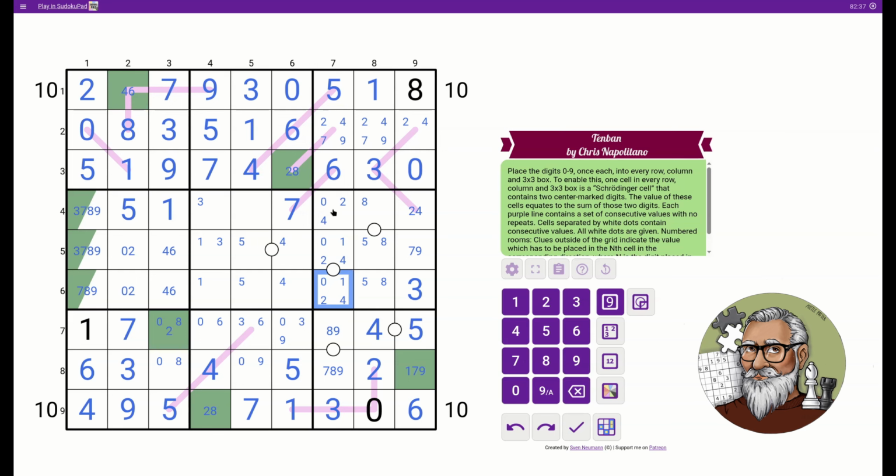Can even still have 3, 4, right? Then 1, 2 would be on a green cell, and we would have 4. Okay. So this is from 5, 8, 7, 9, right? This isn't 2, 4. 5, 8, 7, 9. Am I missing something?